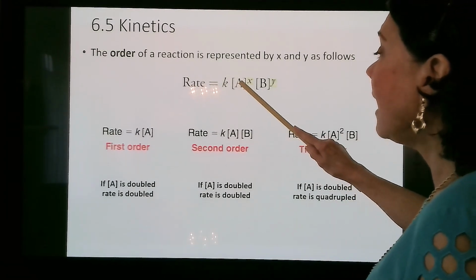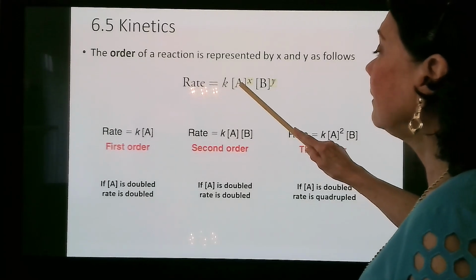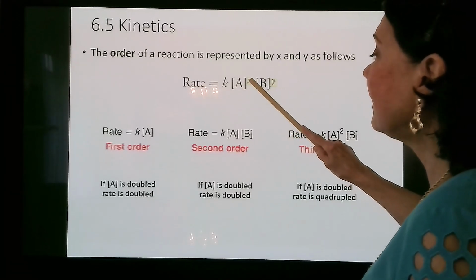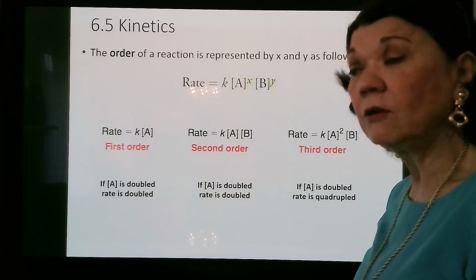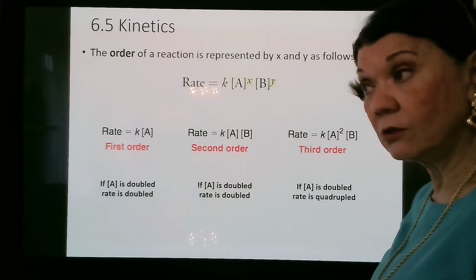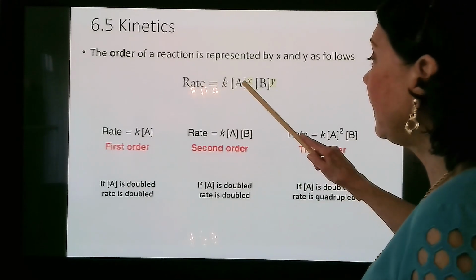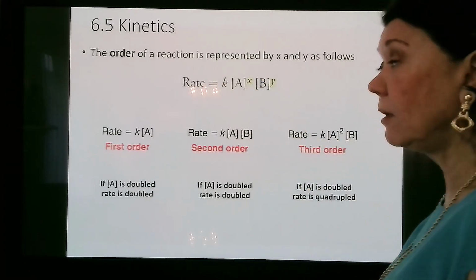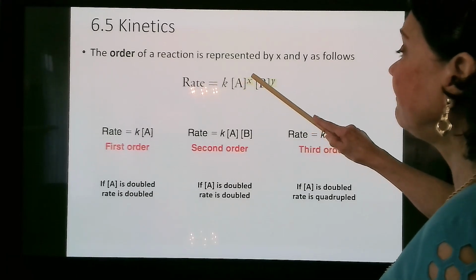The A is one of the reactants, and X tells you how many molecules of A are involved in the reaction. So if 2 molecules of A are involved, then this will be A to the second. If 1 molecule of A is involved, it will be A to the first.